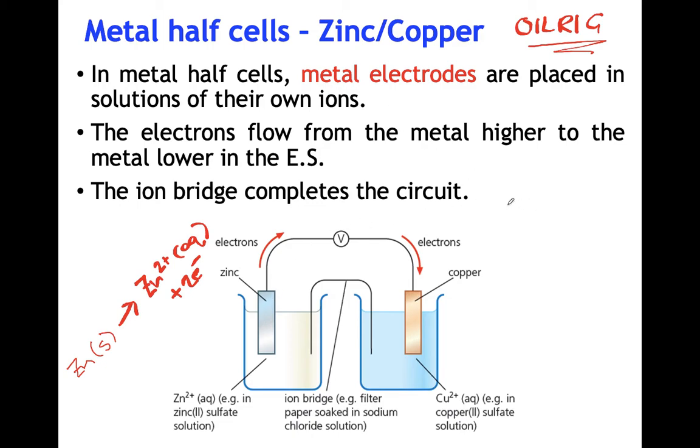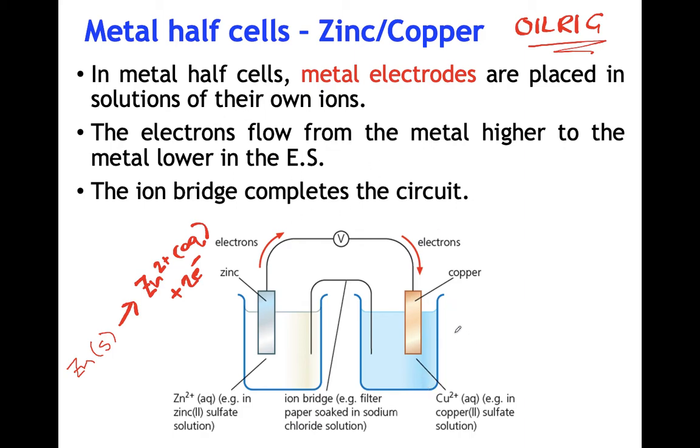So that means that zinc is going to be oxidised and copper over here will be gaining electrons. Now, zinc is losing electrons. They are flowing through this wire, through the voltmeter and into the copper electrode. Now, the electrons continue to pass through the copper metal and into the solution, where they meet copper 2+ ions.